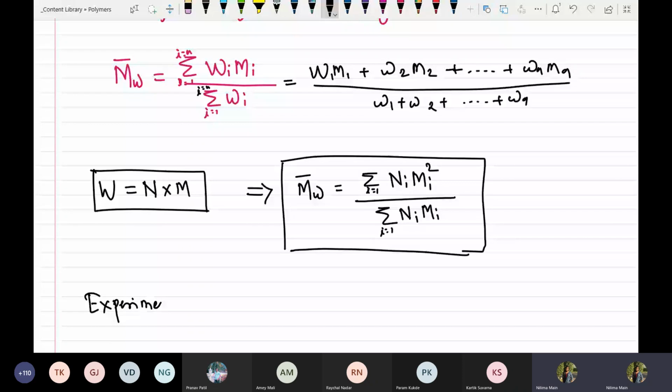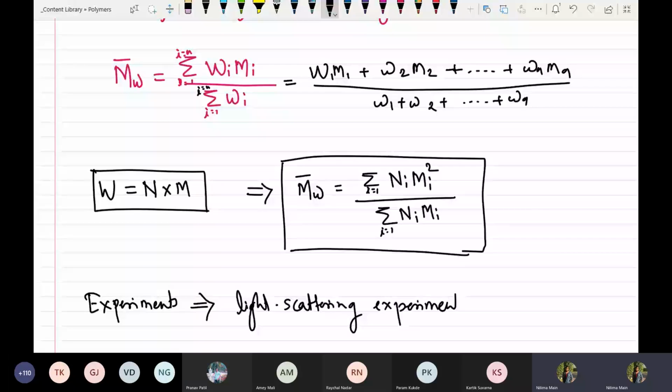So usually the experiment which gives or which has a formula to calculate back the weight average molecular weight of polymer is light scattering experiments. Okay, light scattering experiments are performed, and depending upon how much they scatter the light, that reading can be used for calculation of molecular weight.